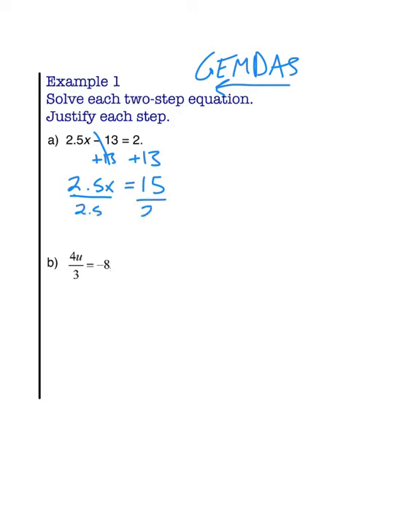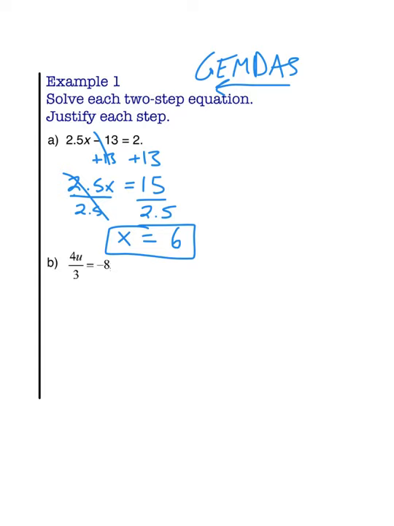Because I did that to the left, I also have to do that to the right. 2.5s are going to cancel out, and I'm left with x equals 15 divided by 2.5, which is 6. And that's my answer. You could plug this in to check: 2.5 times 6 is 15, minus 13 is 2.